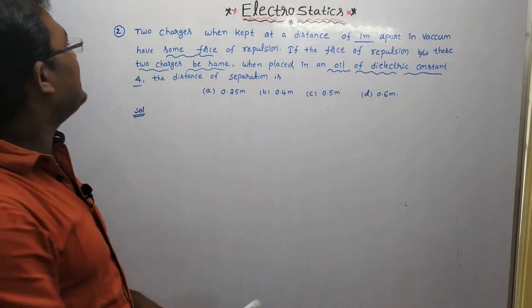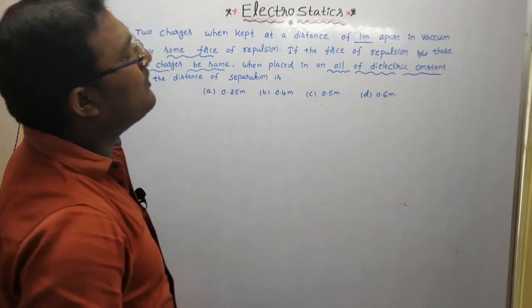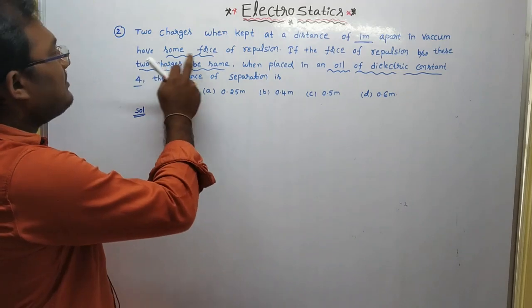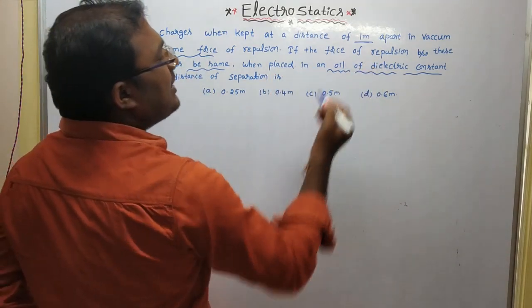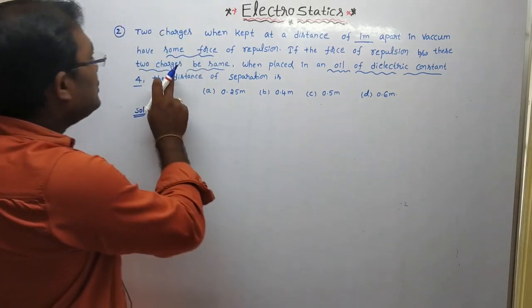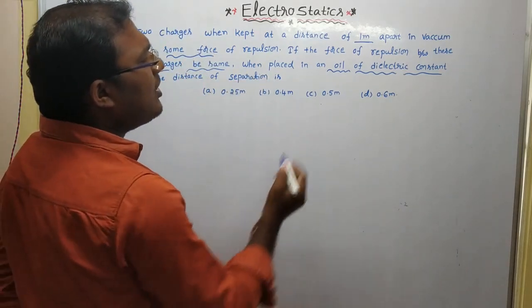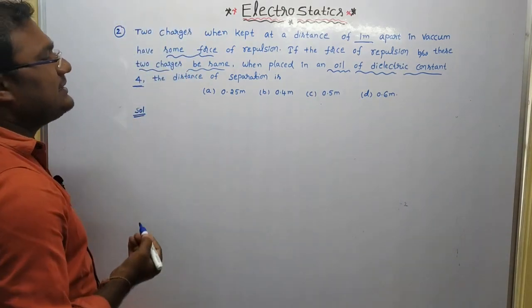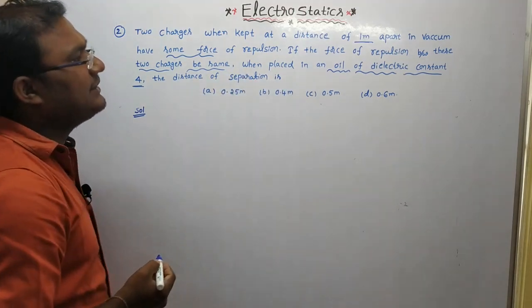The next question is: two charges kept at a distance of 1 meter apart in vacuum have some force of repulsion. If the force of repulsion between these two charges is the same when placed in an oil of dielectric constant 4, the distance of separation is what we have to calculate.